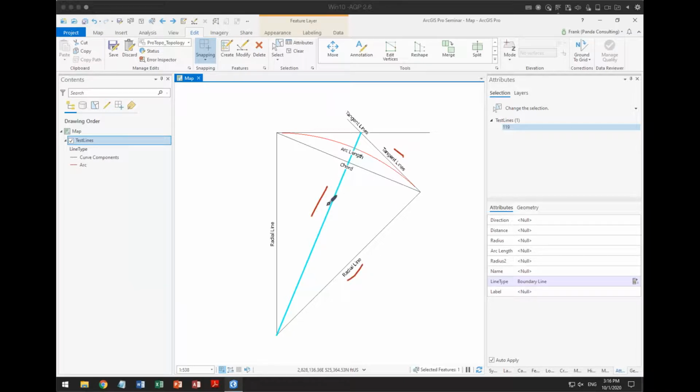If we were using the Pythagorean theorem, the old Greek theorem for right triangles, let's call this the tangent side, let's call this the radial side, and let's call this the hypotenuse. The square of this is equal to this side squared plus this side squared. The hypotenuse squared is equal to the opposite squared plus the adjacent squared.